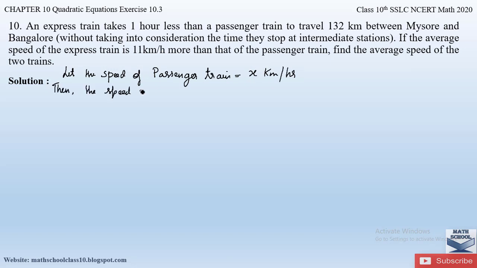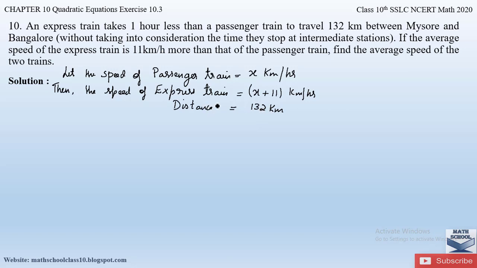Then the speed of the express train will be x plus 11 kilometers per hour. And the distance these two trains cover is 132 kilometers, as given in the question.